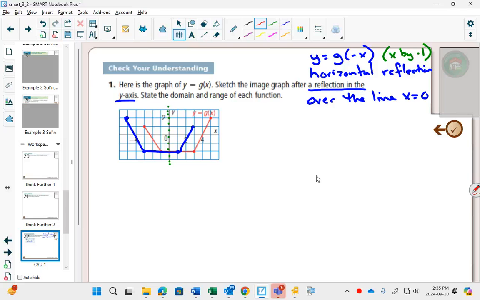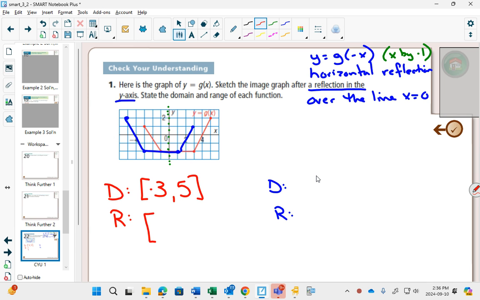Question says to state the domain and range of each function. I'll just choose one notation. So if we're doing the domain, those are our x values. Starting with the red one, my smallest x value is -3. My biggest x value is +5.